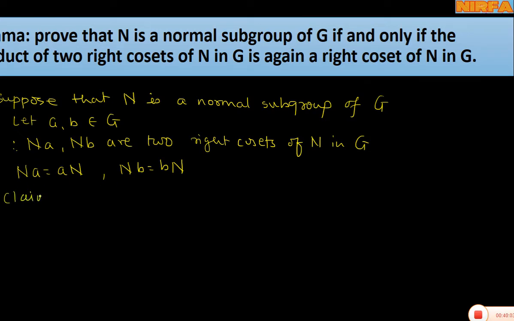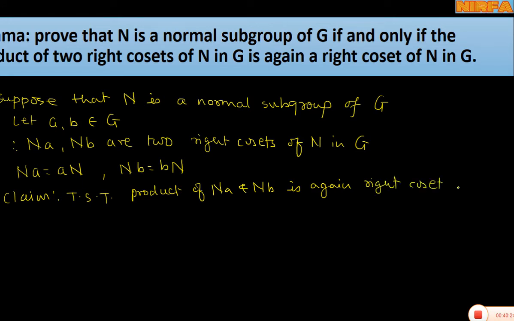Now, the claim is to show that the product of two right cosets, that is the product of NA and NB, is again a right coset. All right. So now I'm considering the product NA into NB.